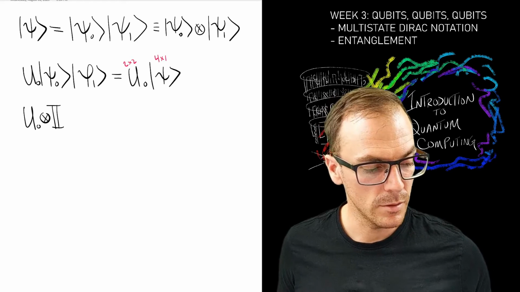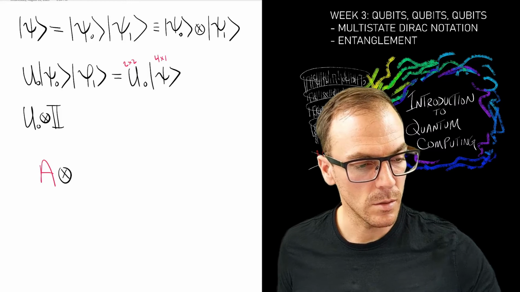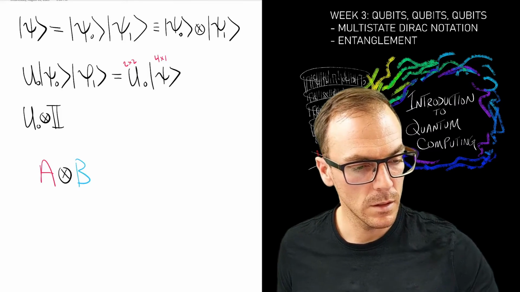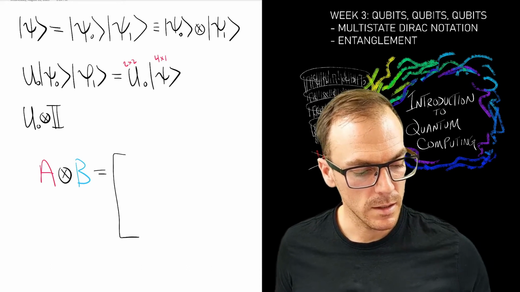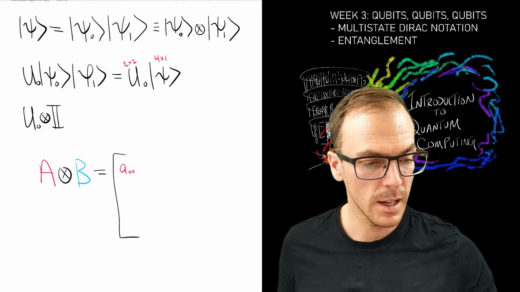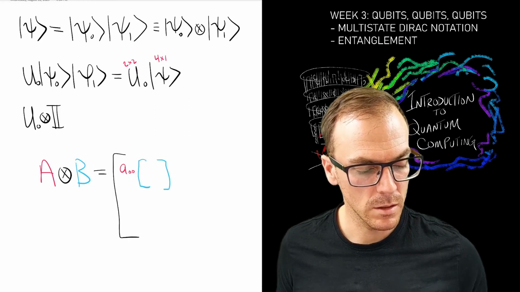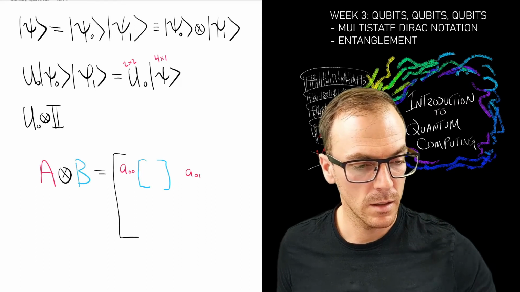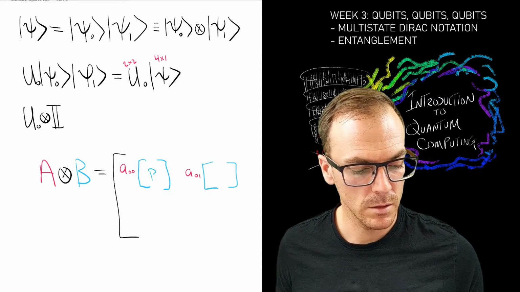Suppose I have A tensor B. Then that's the A00, so the upper left entry of A, times the whole B matrix. And then the upper right element of A times the whole B matrix.